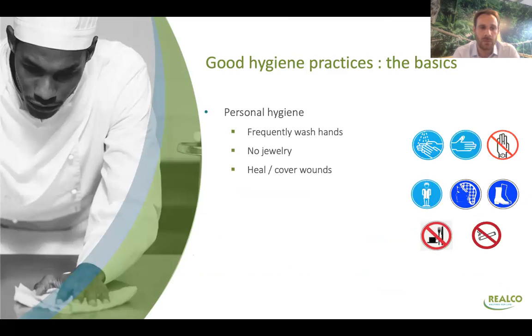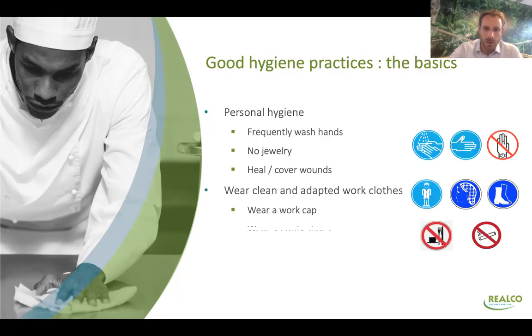And this is something more important now with the crisis with COVID, because we know that the hands are touching a lot of things, and so they are really the way of bringing contamination into the production area. You cannot wear any jewelry also. If you have some wounds, it's important to cover them or to heal them at least, because it's always a way of having contamination in the production area.